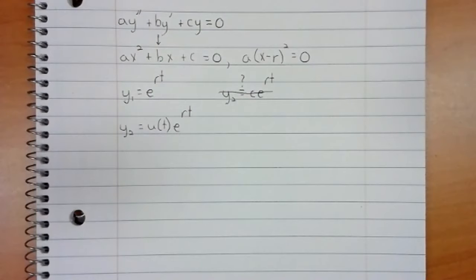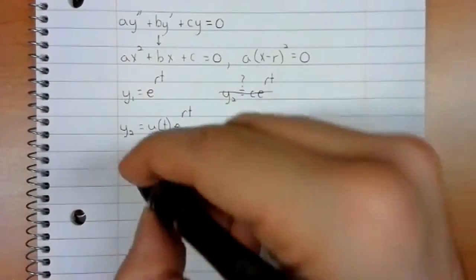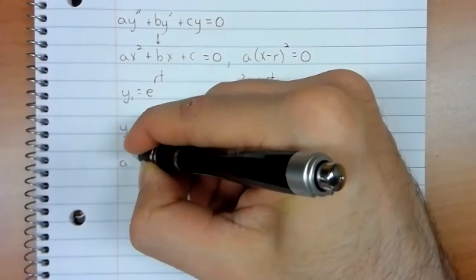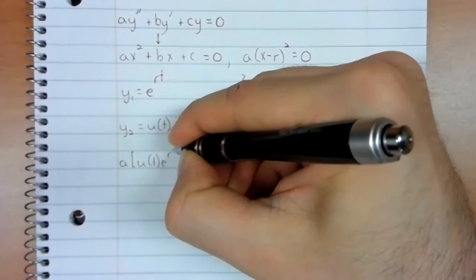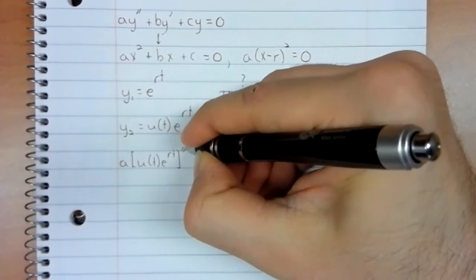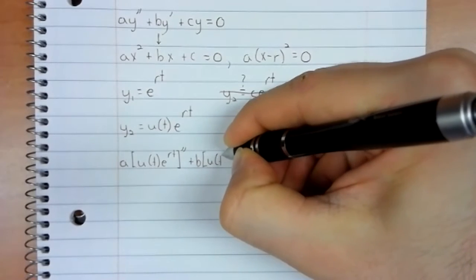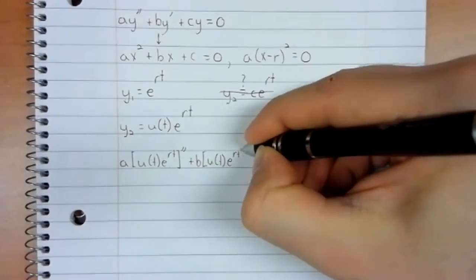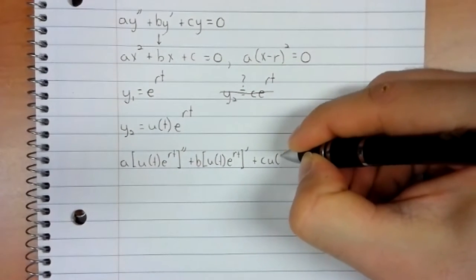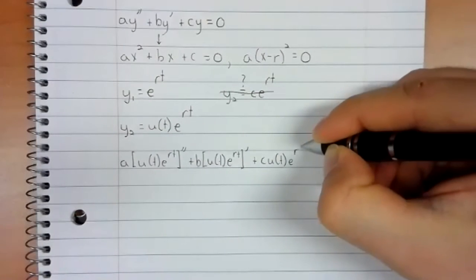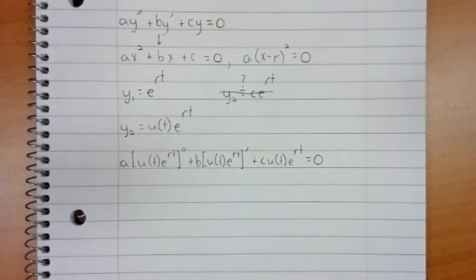Well, if we plug this into this equation, we get a(ue^(rt))'' + b(ue^(rt))' + c(ue^(rt)) = 0.